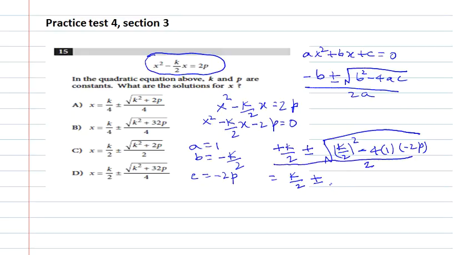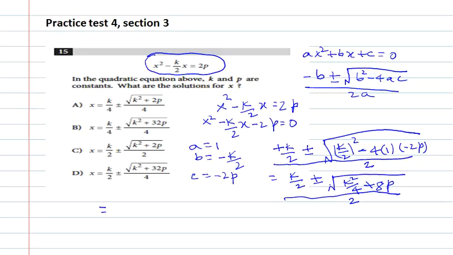So k over 2 plus or minus square root of k square over 4 plus, because you have minus and minus, that becomes a plus. So 4 times 2 is 8 and you have 8p. This whole thing divided by 2 is our answer.